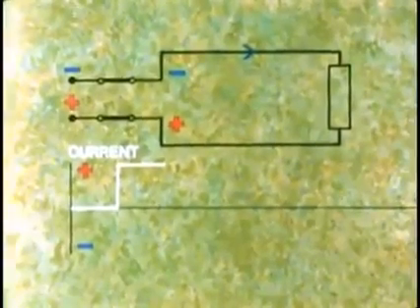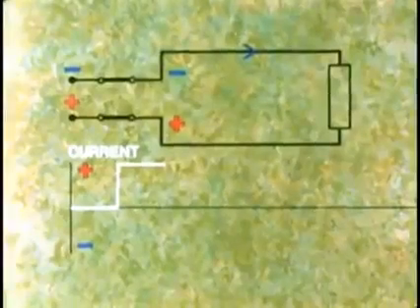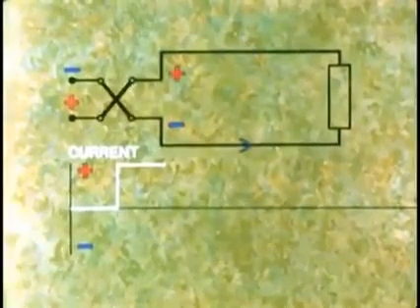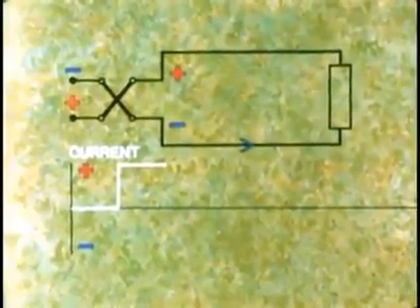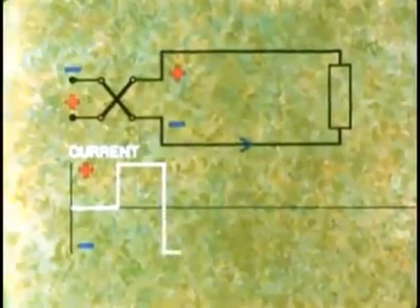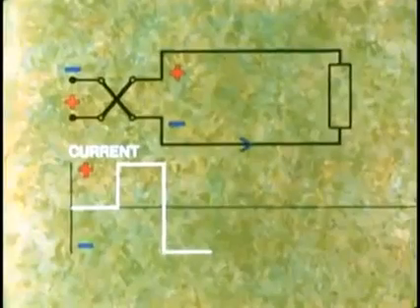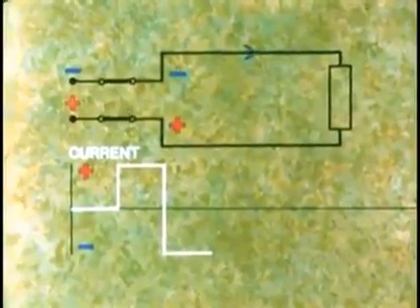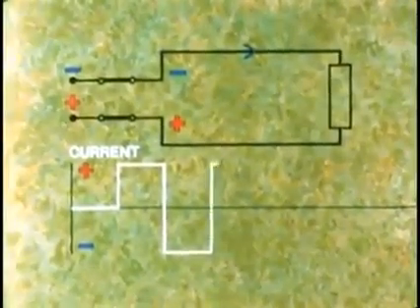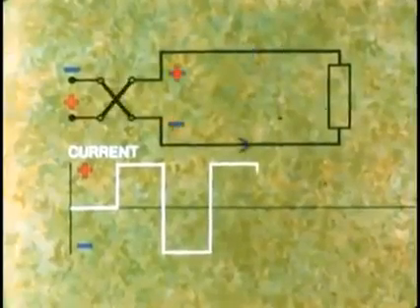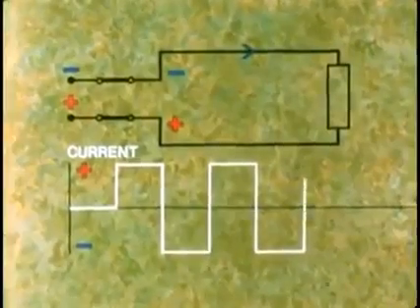We show it above the zero line. Then we quickly reverse the direction of the current, so that we now have a similar negative current flowing, and we show that below the line. Every time the current reverses, the graph moves to the other side of the line. This is a waveform of a simple alternating current.